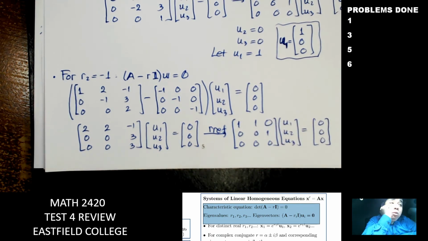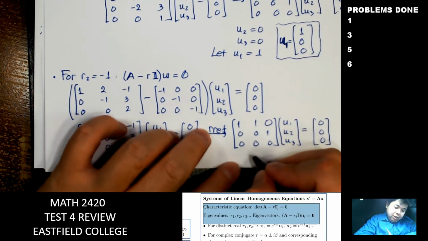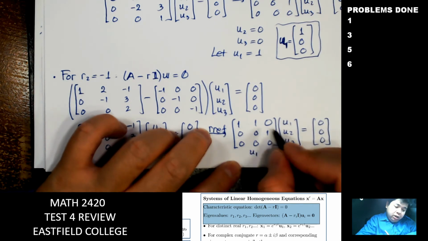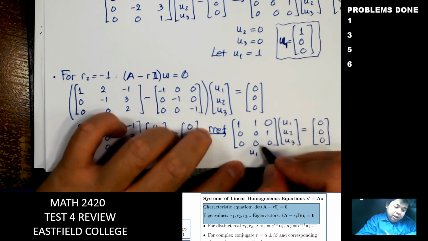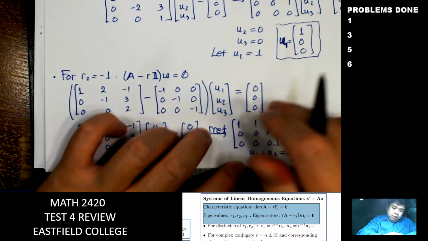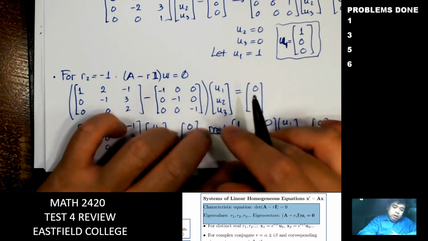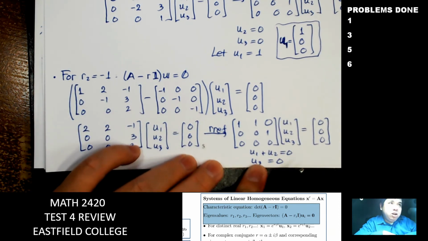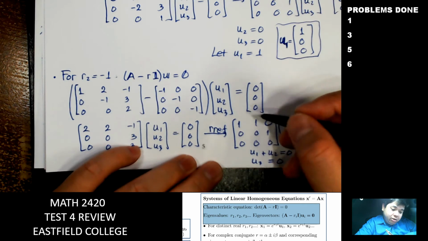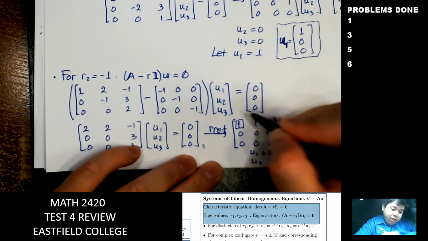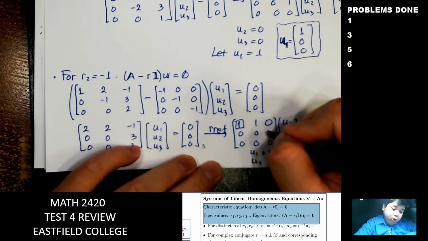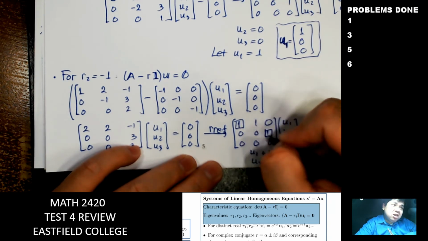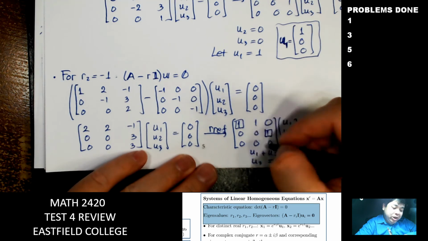Right, now we multiply it out. U1 plus U2 equal to 0, and U3 is equal to 0. That one is obvious, U3 has to be 0. And let's take a look. We have the 1 here in the U1 column, and the 1 here. Those are the first non-zero elements, so we cannot mess with that.